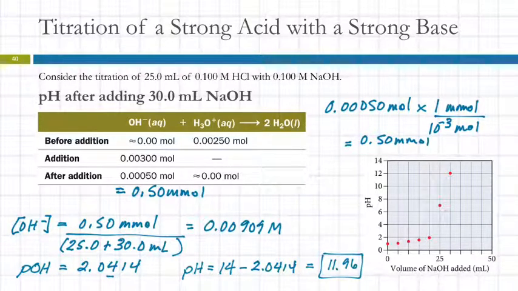It's the same calculation as going from liters to milliliters. You don't usually do that because if you're going to use millimoles, you just start out with it. Any other questions?